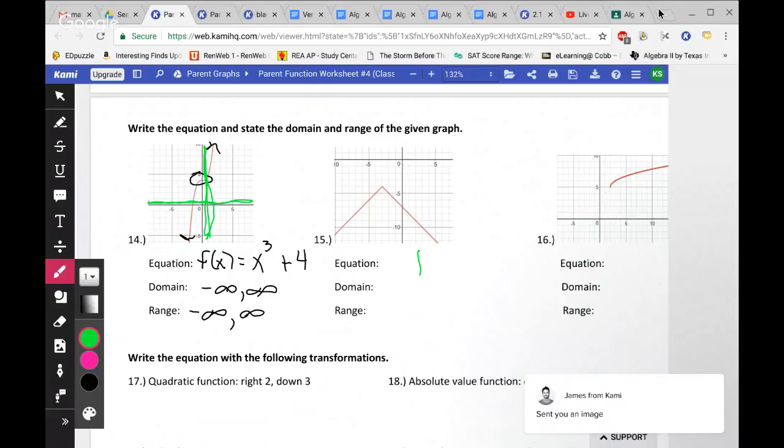Anything else special about this one? It's wider, or is it thinner? Or no, it flipped. It could look a little wider, but yes, it's flipped. So is it f of x equals negative parentheses?